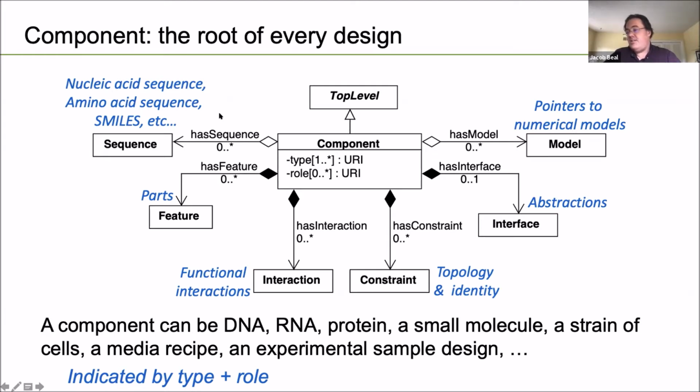Now, to describe this, we've got sequences and features that talk about the structure of it. So sequence is where you attach, say, your actual nucleic acid sequence for a piece of DNA that you're designing. Features is where you annotate things like, here's the cut site, and I'm making this plasmid by putting this promoter in front of this GFP in front of this terminator.